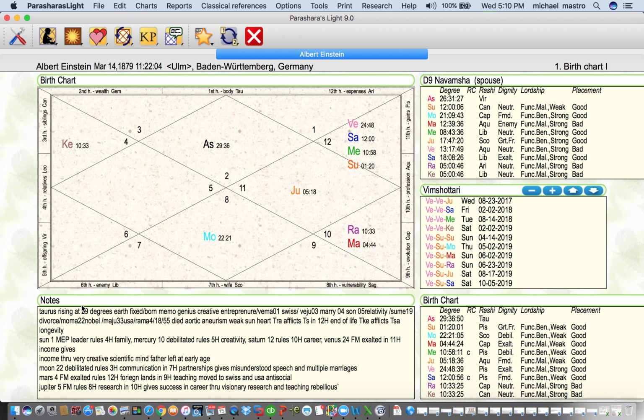So we see Sun, which is very weak. Sun is leadership and father. I think his father left at a very young age to go work in another country or somewhere else, so he didn't get much support from his father. Sun is ruling this house of family, so his family was not all there, basically.